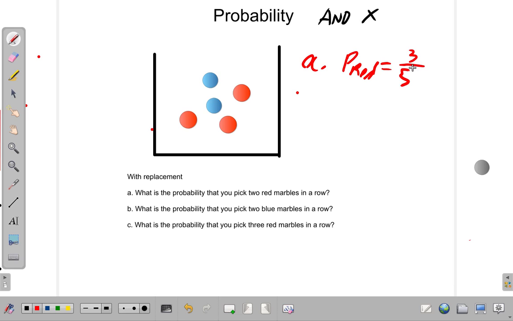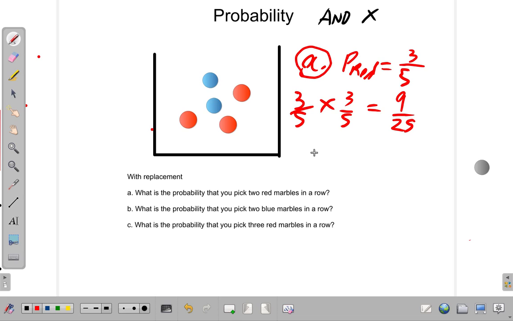Now, the probability that you pick 2 red marbles in a row is 3/5, and you pick again 3/5. So you multiply them: 3 times 3 is 9, over 5 times 5 is 25. 9/25. That's 2 red in a row. Part A.